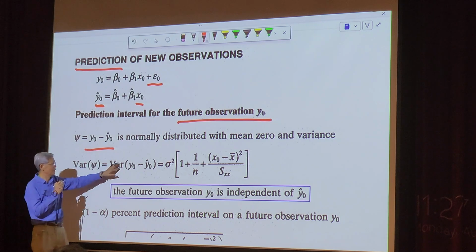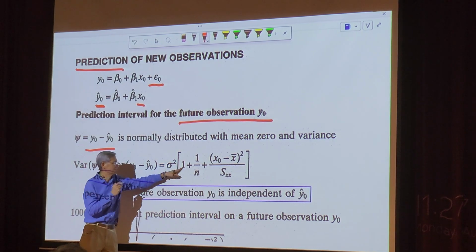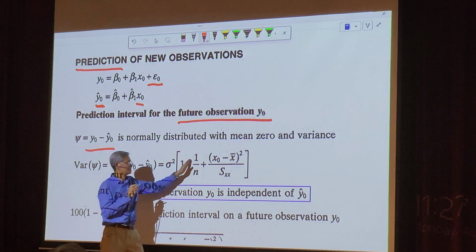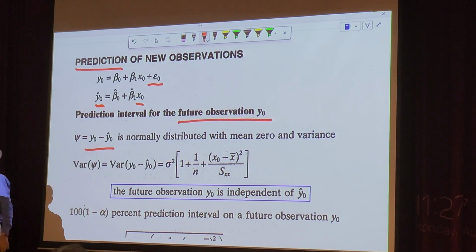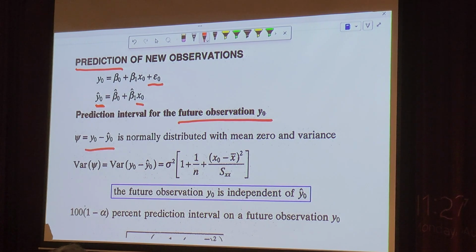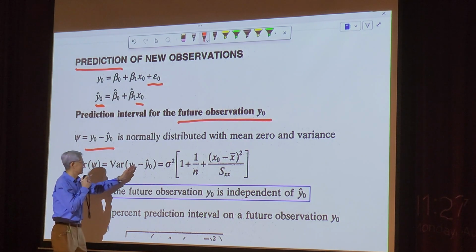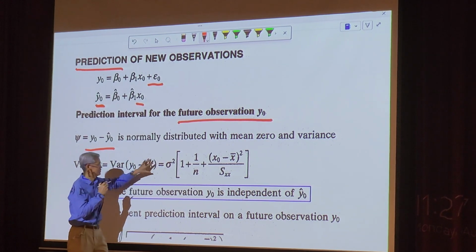Now, the variance of this is the variance of y0, which is sigma squared, plus the variance of y0 hat. This is the variance of the mean response, which I have shown you already. Yeah?